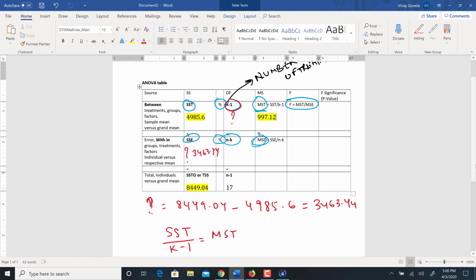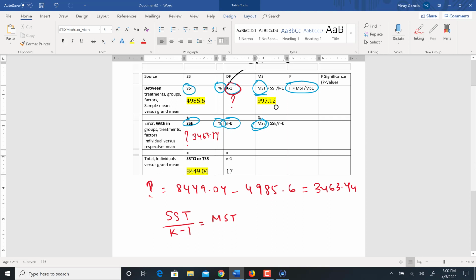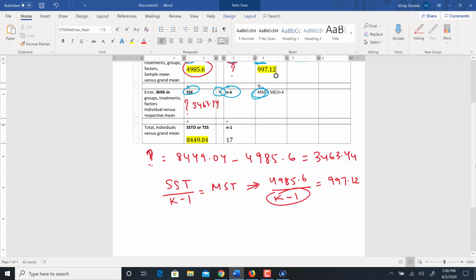So SST in this formula is 4985.6 divided by k minus 1, which is going to give me 997.12. So I have to determine what this k minus 1 is, so I can take this here and take k minus 1 to that side.